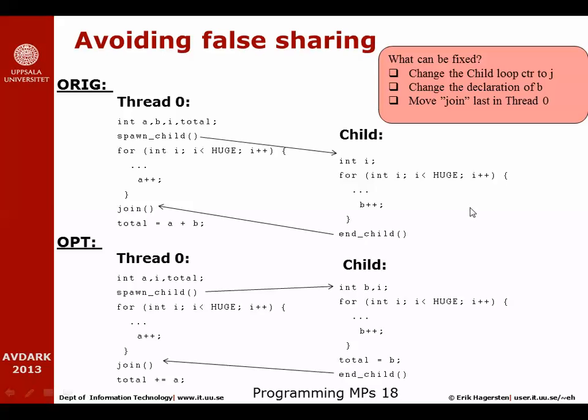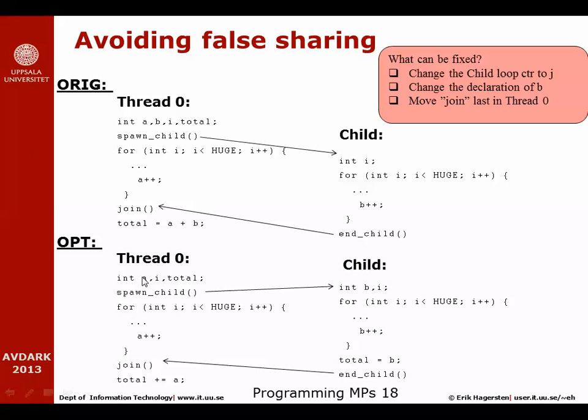So one example of what you could do would just be the same solution as the previous slide. You declare B to be a thread local variable in the child. Another way to do it would still be to declare B by the parent, but to make sure that A and B are far apart enough that we could guarantee that they don't reside in the same cache line.